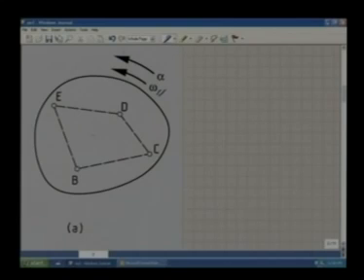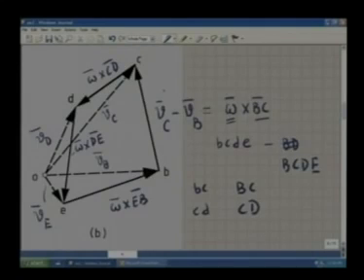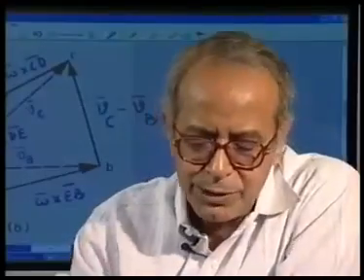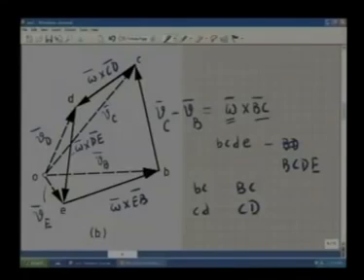So the velocity image is a scale drawing of the original diagram capital BCDE drawn to a scale and rotated through 90 degree in the sense of omega, and the small bcde is called the velocity image of capital BCDE.